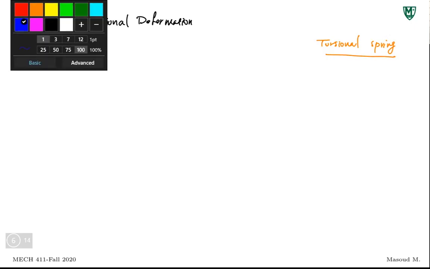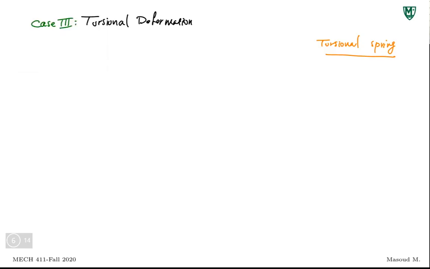When we were talking about springs that handle tension or compression, we said F is equal to Kx. Force is equal to K, the stiffness, multiplied by deformation in the X direction, or it can be the Y direction, depending on which axis you use and how you choose your coordinate system.